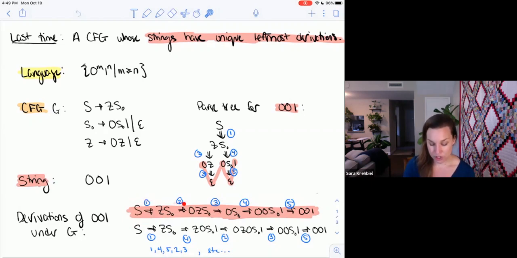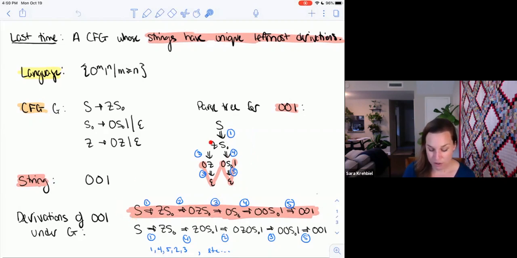And then you sequentially apply one substitution rule at a time until you get down to, in the case of trying to generate strings in the language, a string of only terminals. And actually, before I show you the alternate parse tree, I want you to think about how we get from a parse tree that looks like this to a derivation that looks like this.